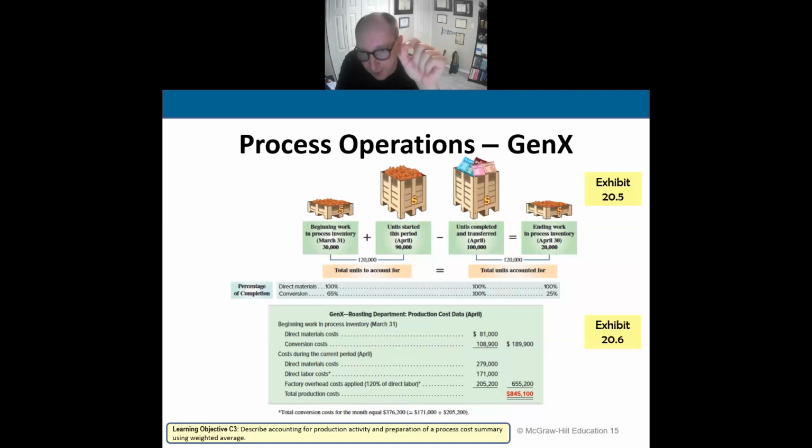So 120,000 minus the units completed and transferred out in the month of April, 100,000. In other words, I completed 100,000 units during the month of April. I transfer them out to finished goods inventory. So beginning balance plus units started during the month minus completed and transferred out during the month equals my ending work in process inventory. How much is still sitting in work in process at the end of April? 20,000 units.